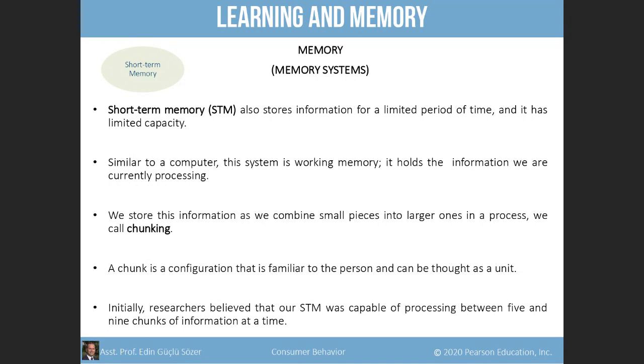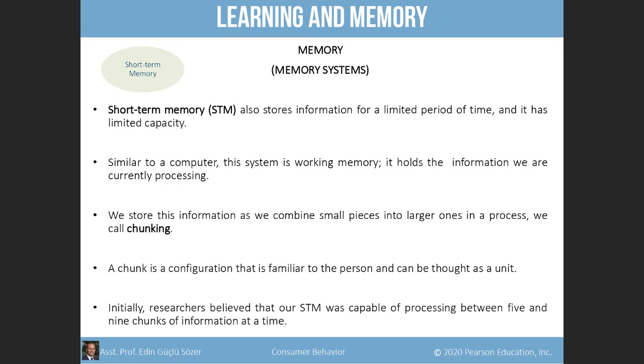But when we finish the work, then they are just deleted by the computer. So our short-term memory works like the random access memory (RAM) of computers. It only keeps the information which we are getting at that moment, and a little bit longer than the sensory memory.